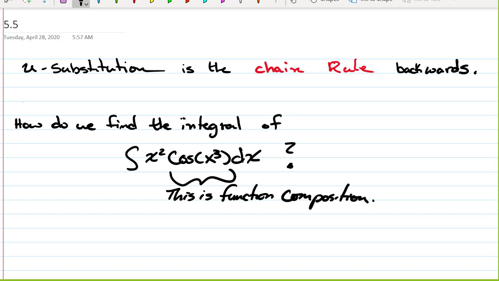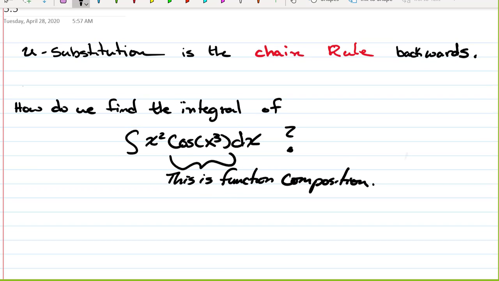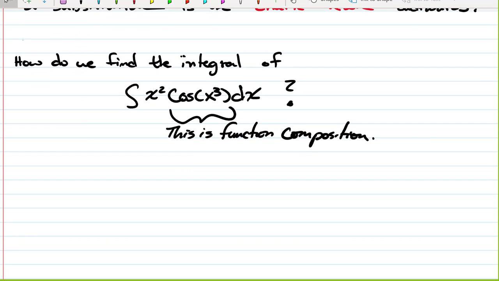Since derivatives are inverses of each other, U-substitutions are the inverse of the chain rule. So when we see composition, that's a strong indicator that a U-substitution is probably in our future.